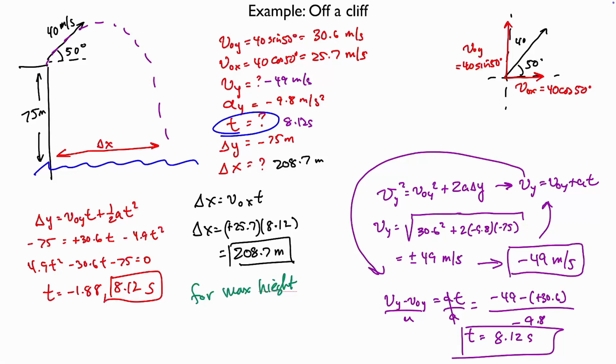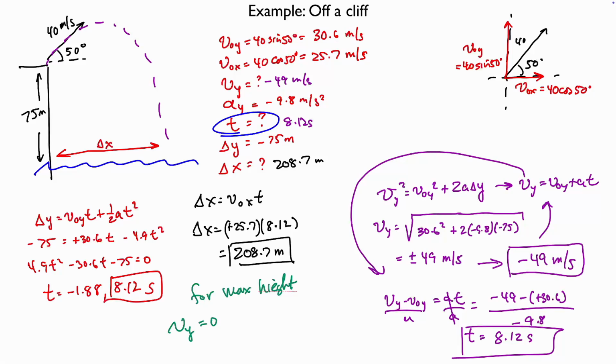Okay. What was I doing? For max height, we change the list a little bit. Because we're going to set Vy to 0. So does that mean our time is 8.12 anymore? No. Time is no longer 8.12, because 8.12 is what?